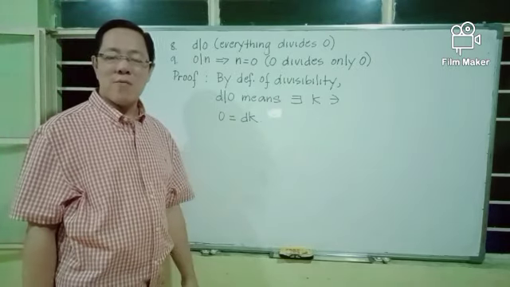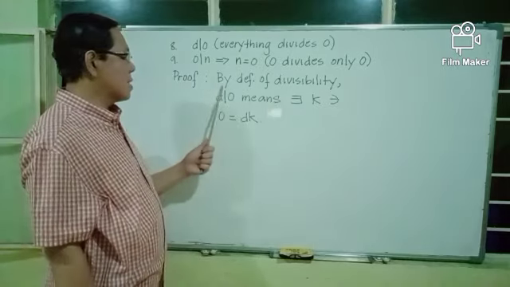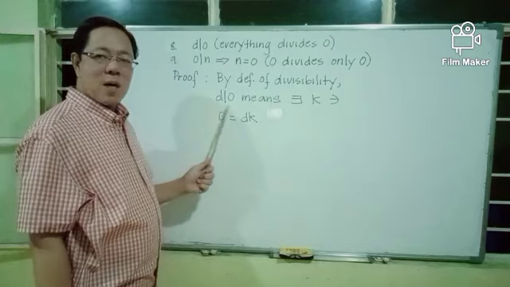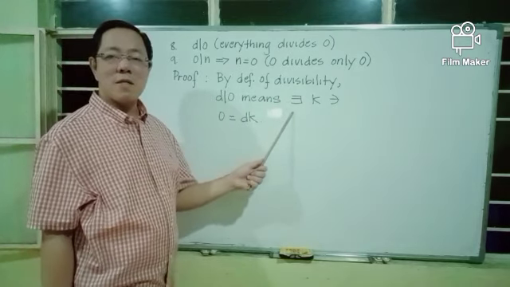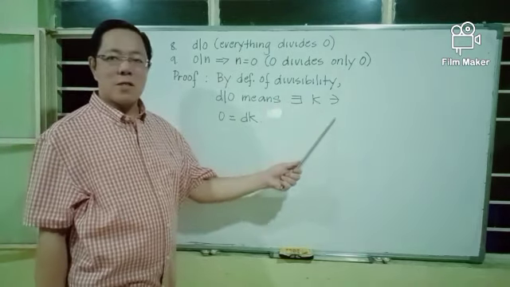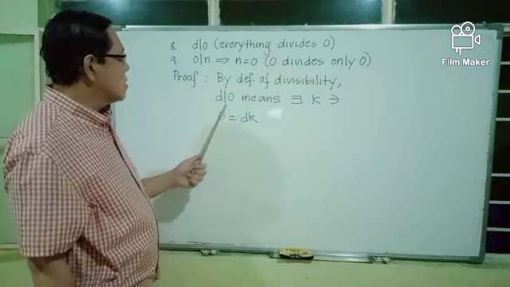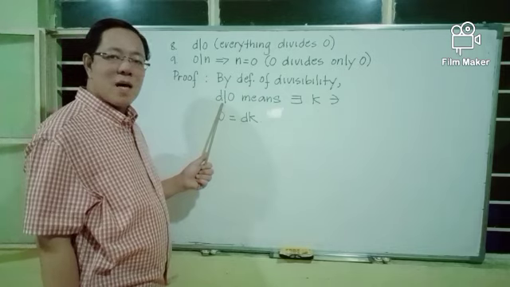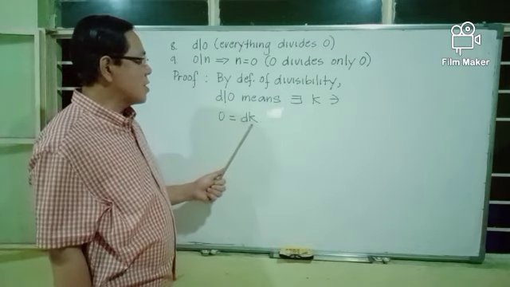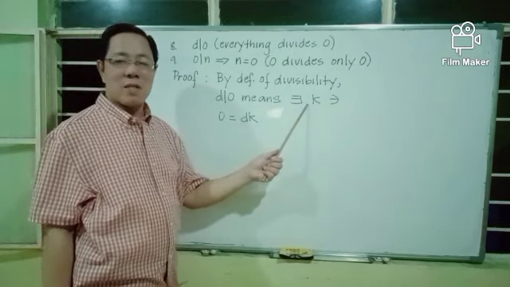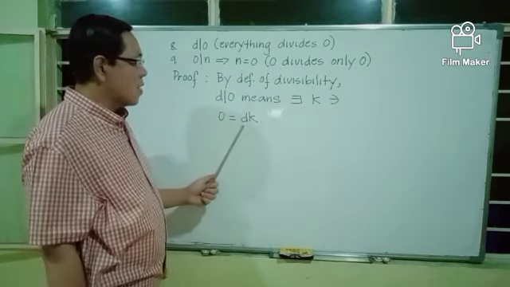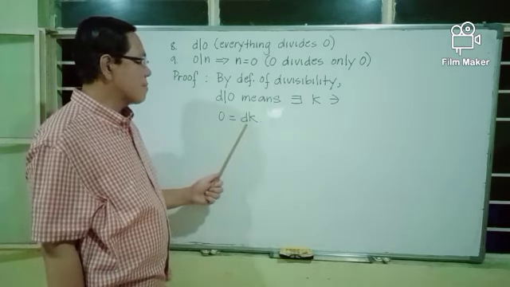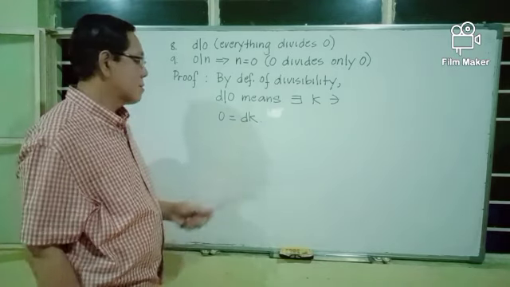And we use the definition of divisibility. By definition of divisibility, the given that d divides 0 means that there exists an integer k such that the integer 0 is equal to the divisor d times the integer k that we are sure exists. And we start from this equation. We divide both sides of this equation by d.